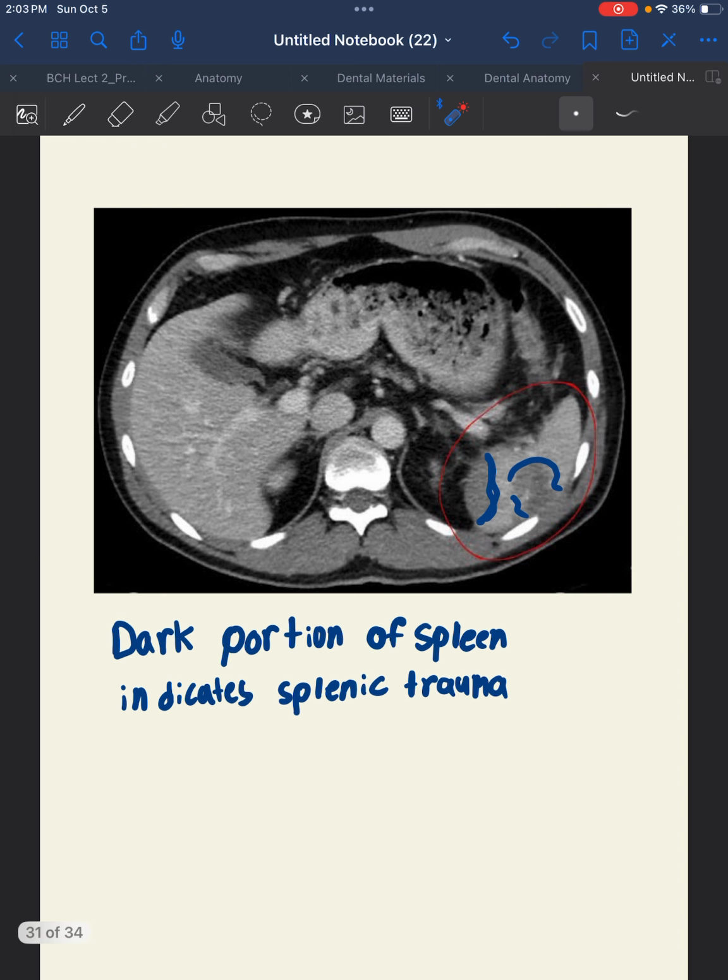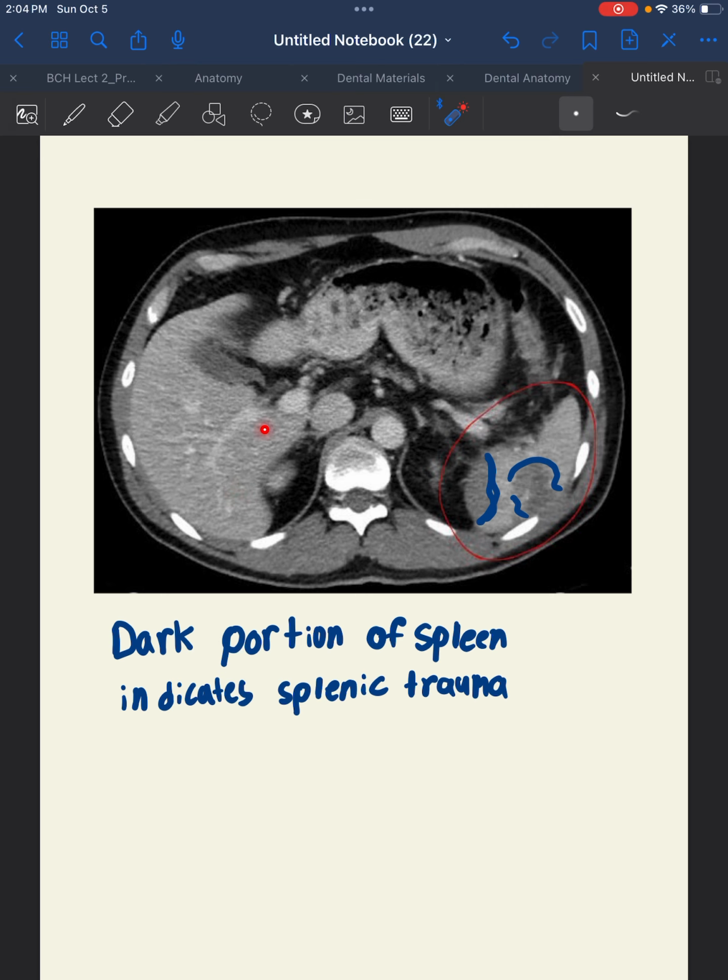And on a CT scan, here it is. Here's your gallbladder, liver, stomach, kidney. And then over here, there is the spleen. And you'll notice, if you take a look at the liver, do you see how it's all nice, one gray color? It's all the same contrast.